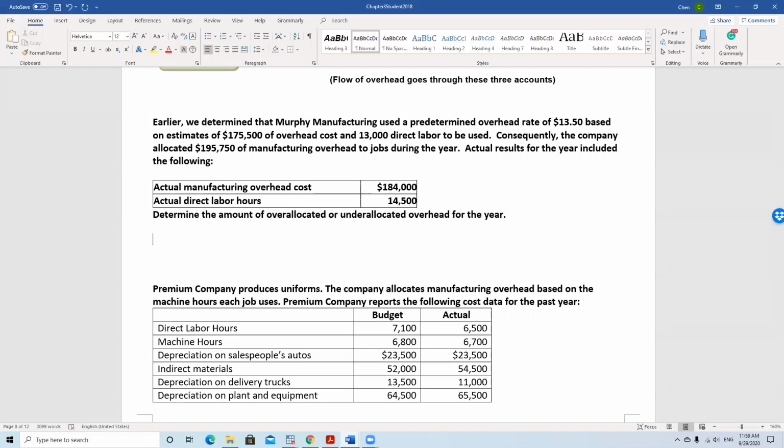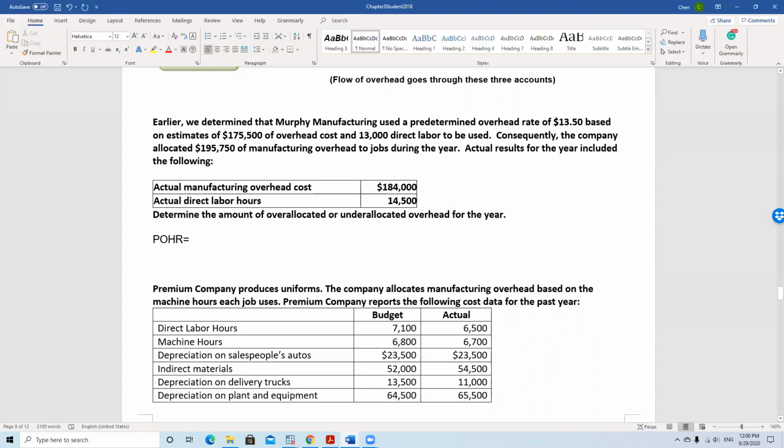Okay. So in this problem, we don't have a total estimated overhead. Is that correct? Oh, I'm sorry, I'm looking at the wrong question. This problem we have predetermined overhead rate is estimated total overhead. What is your estimated overhead?